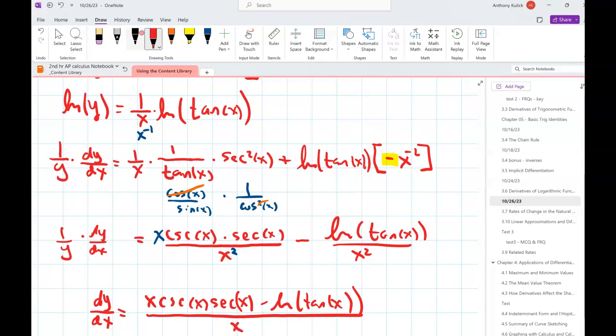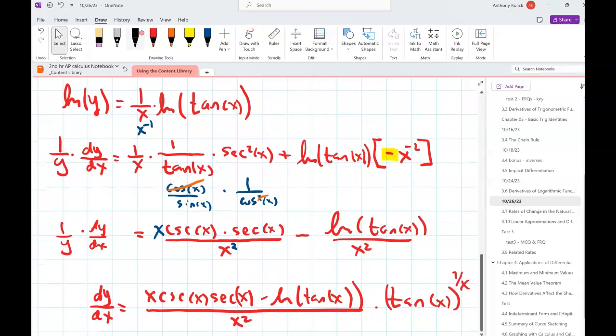And when I multiply by y, then I get times tan x to the 1 over x. And I'd probably just leave it that way. I might write it all as a single fraction, but the numerator I'm just going to put in a bracket and times tan x to the 1 over x, and I would stop.